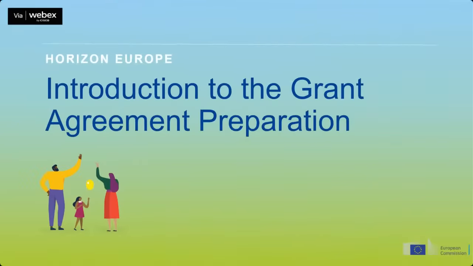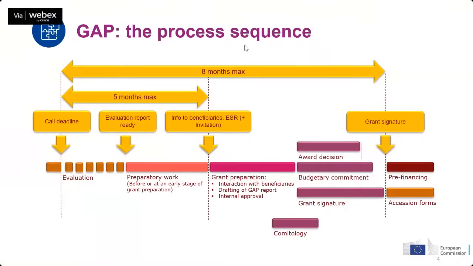So, the introduction to the grant agreement preparation. This is a slide that you have seen. Petros showed you in the introduction this morning, but it includes a bit more detail. So for you to know, in Horizon Europe we have a time to grant of 8 months that is divided into 2 parts.